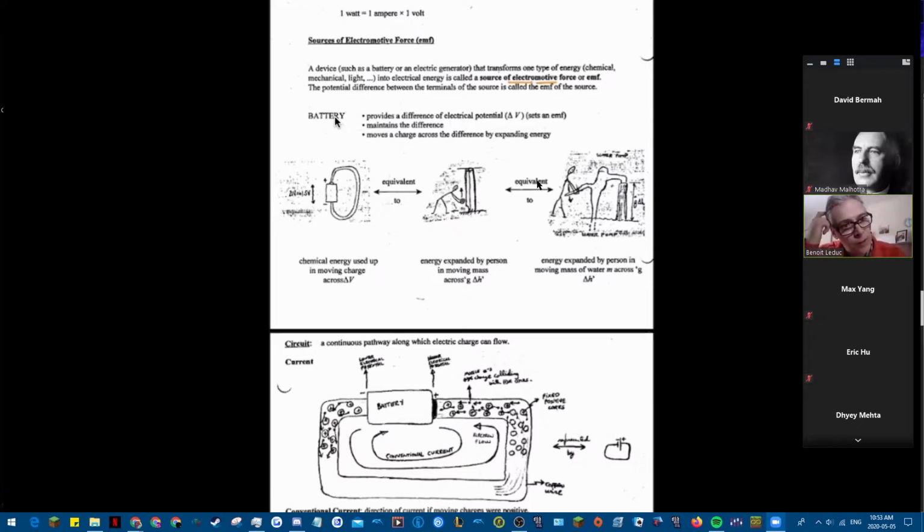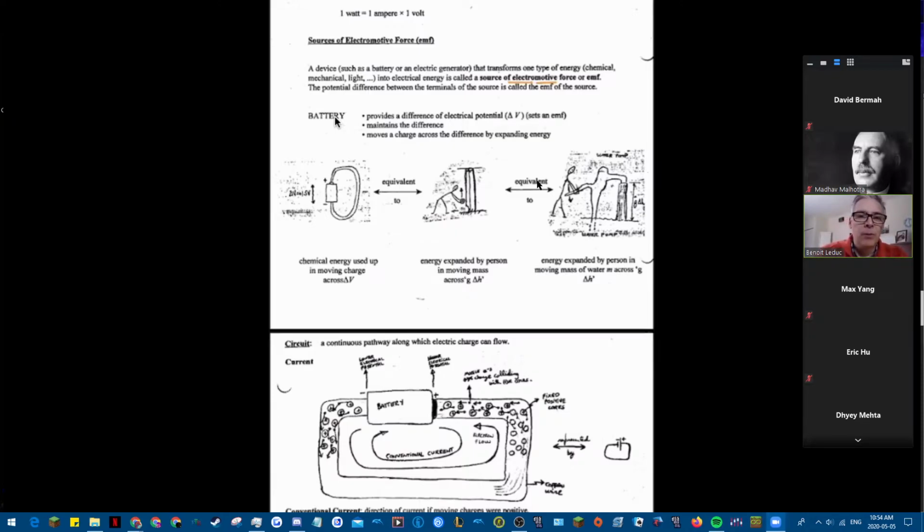Or another way of saying this, if you want water to move in your pipes, there must be a difference in pressure between two points. So another analogy: difference in electrical potential is to electricity what difference in pressure is to a water pipe system.